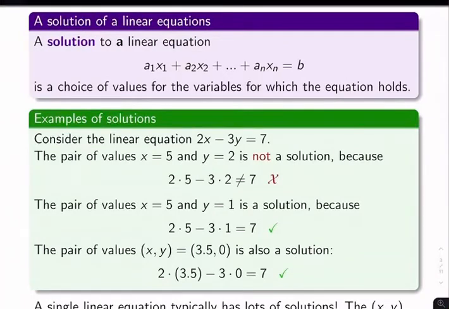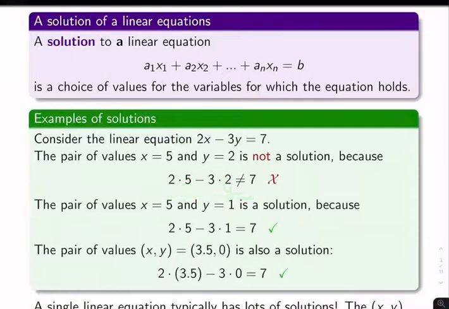We are interested in finding or saying something about a solution to a linear equation. A solution to a linear equation is a choice of values for the variables for which the equation holds. For example, consider the linear equation 2x minus 3y equals 7. The pair of values 5 and 2 is not a solution, because if we substitute 5 and 2 into the equation, we get 2 times 5 minus 3 times 2, which is not equal to 7.